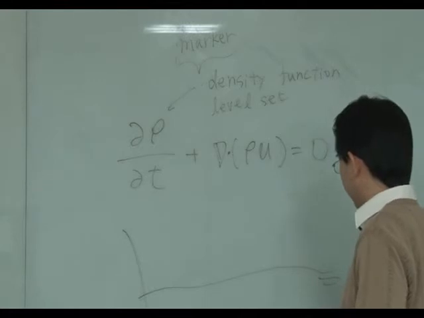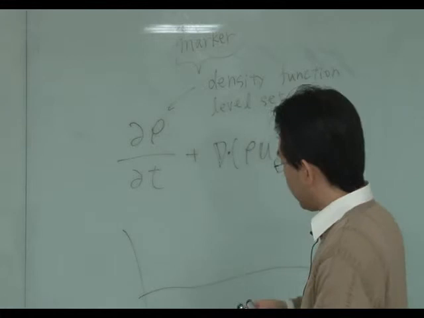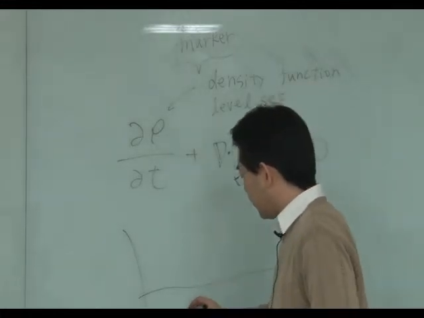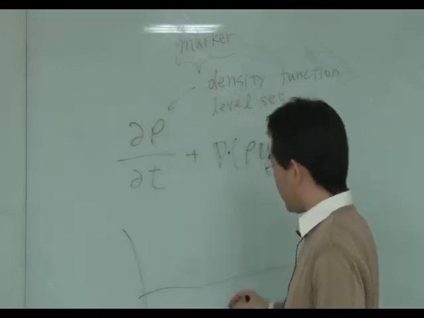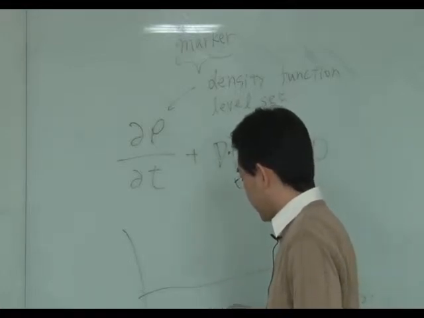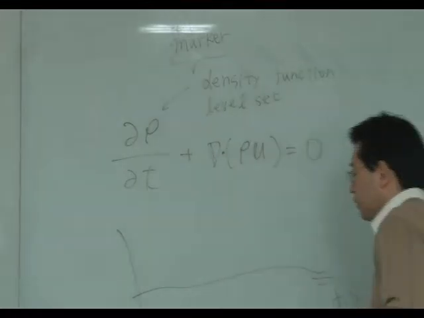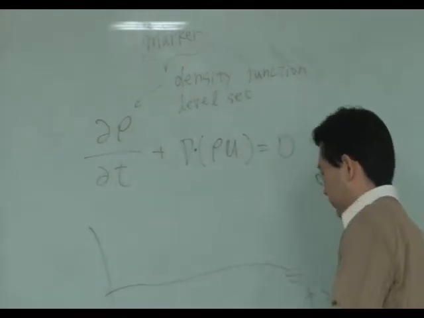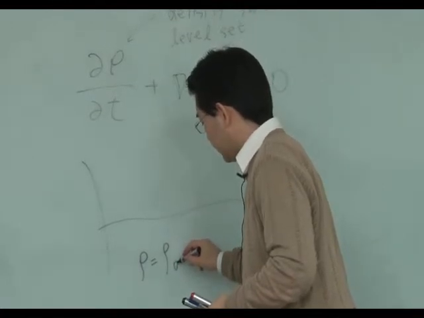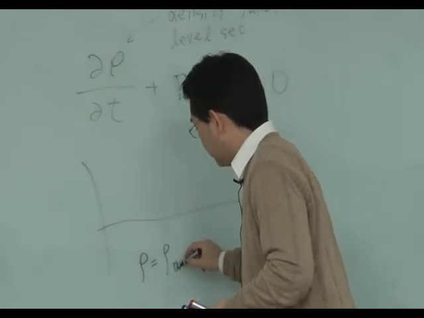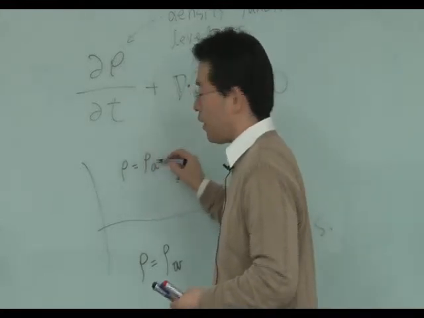This is the free surface, and in fluid media, the marker function is the value of fluid media. Rho W is water, and in this region, rho is rho A, air.